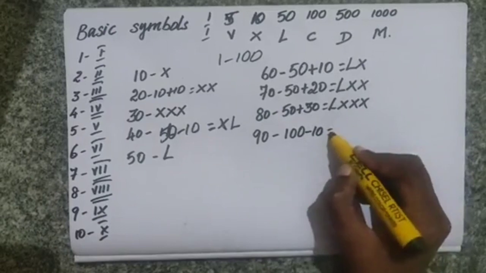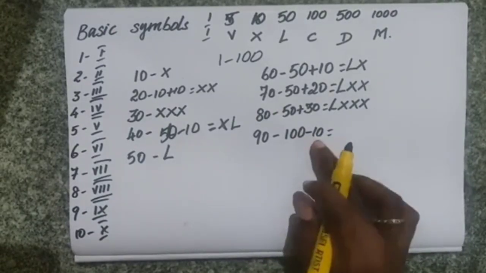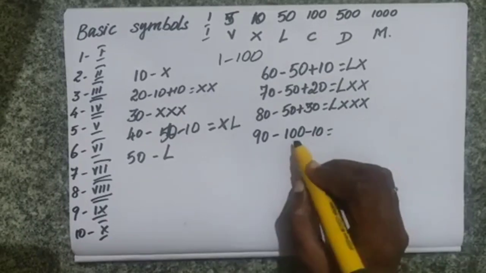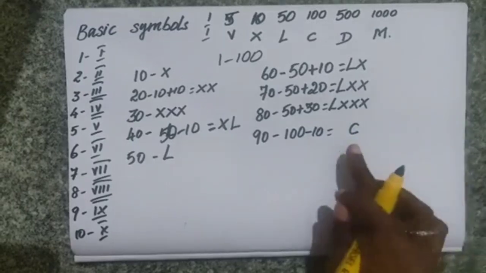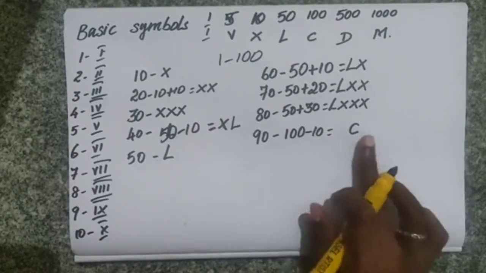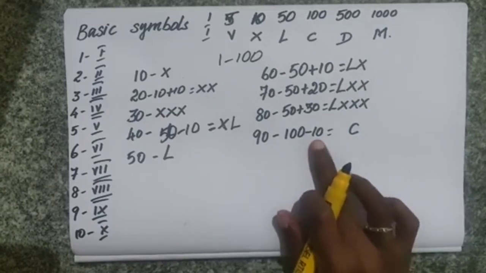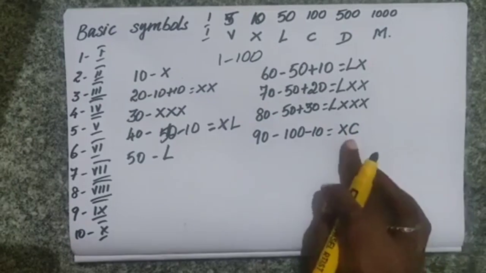So by the rules of subtraction, the smaller numeral must be on the left side of the bigger numeral. So here the bigger numeral is 100, that is C, and from 100 we are minusing 10. So 10 is a smaller numeral, so this should be on the left side. So for 10 it is X, so X should be on the left side of C. So this is 90.